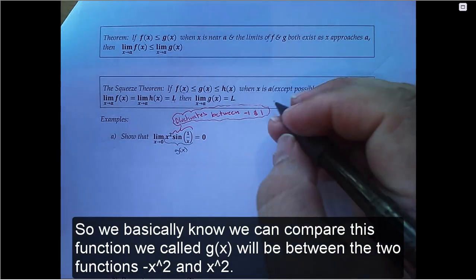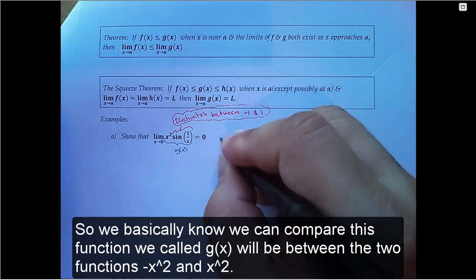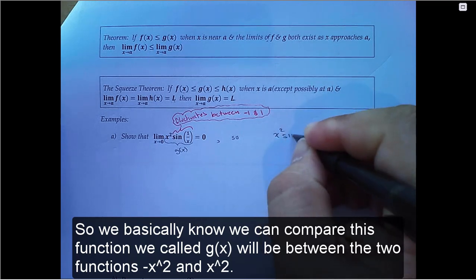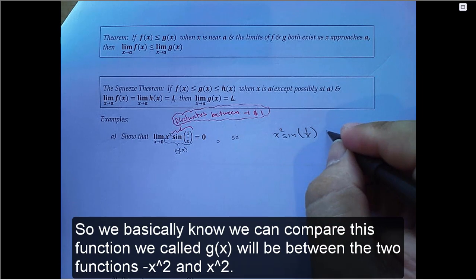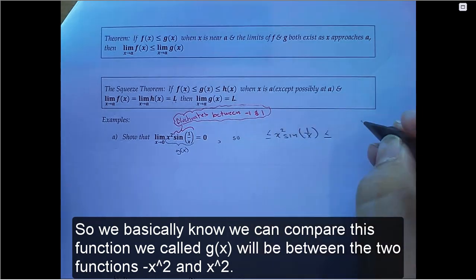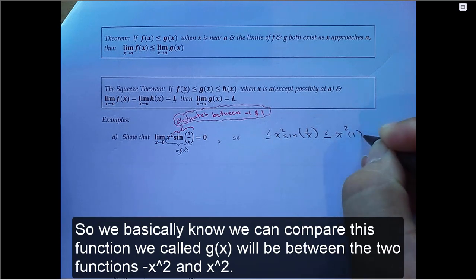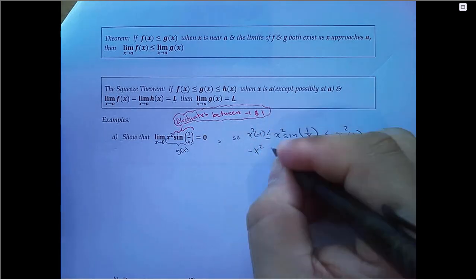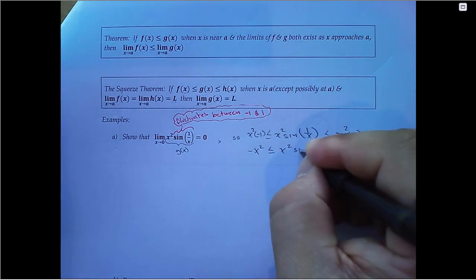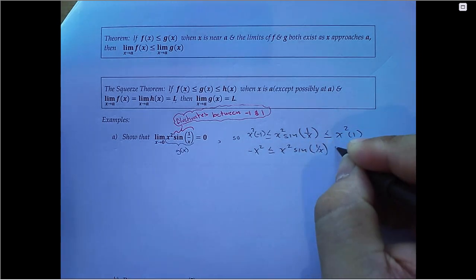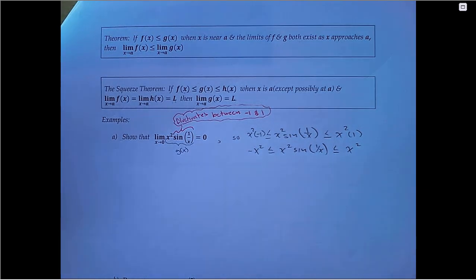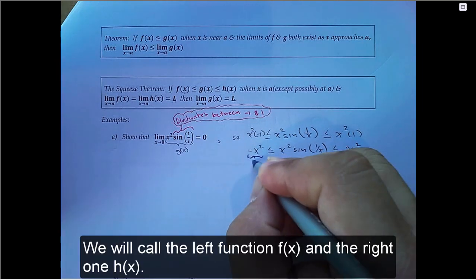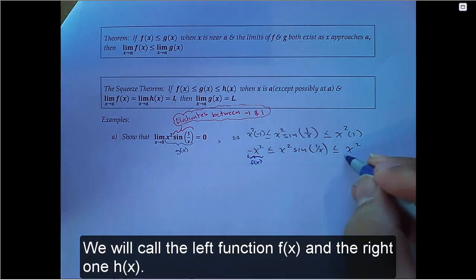So we basically know we can compare this function we call g of x will be between the two functions negative x squared and x squared. We will call the left function f of x and the right one h of x.